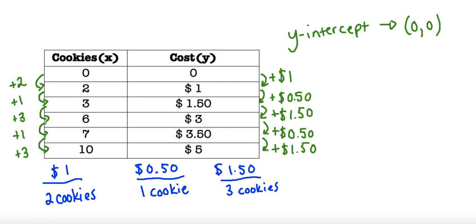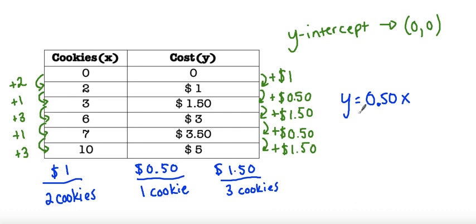And there are a few ways that you could write this in slope-intercept form. So the first one, you could definitely represent it as y equals 0.50x, and I don't have to add 0.